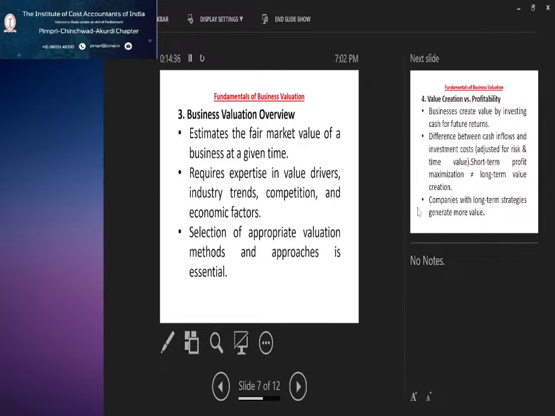So amid such a business environment or economic environmental factors, selection of appropriate valuation method and approach is very essential and critical.